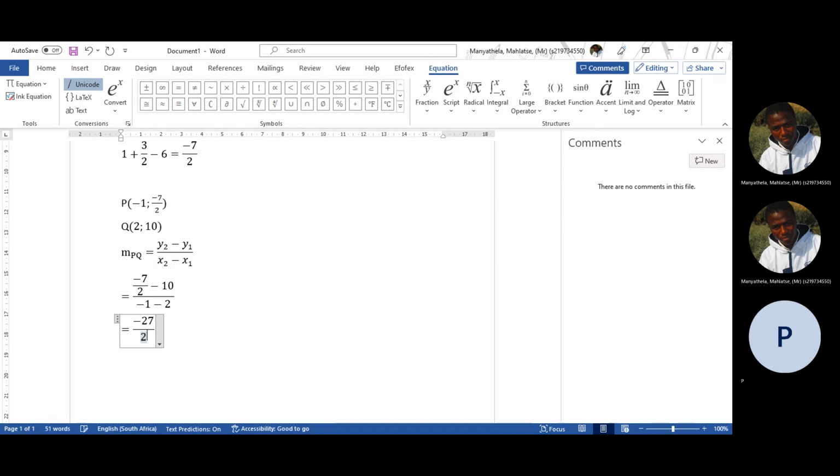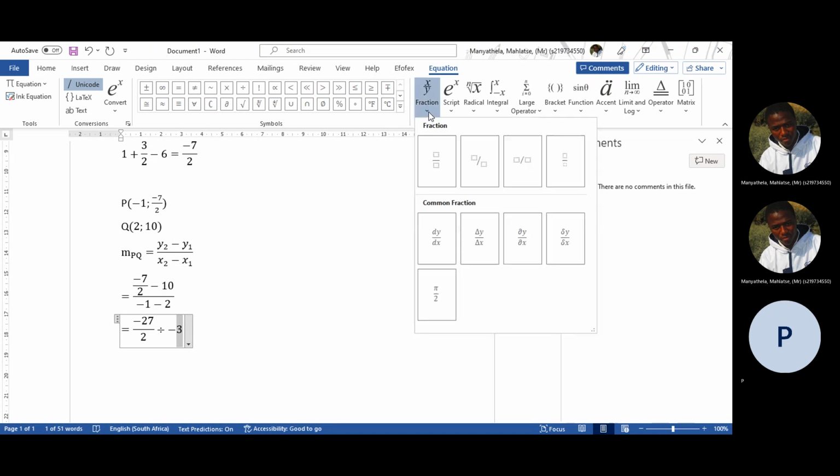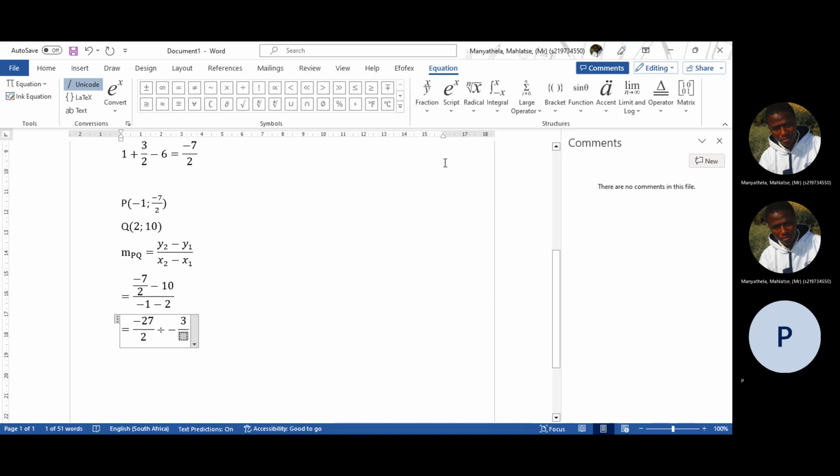Minus 27 over 2 divided by minus 1 minus 2. Minus 1 minus 2 is minus 3, divided by minus 3. To write it as a fraction, over 1.